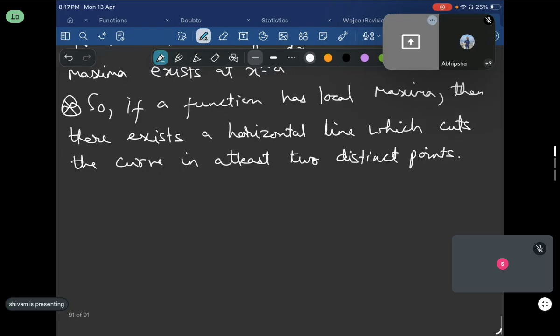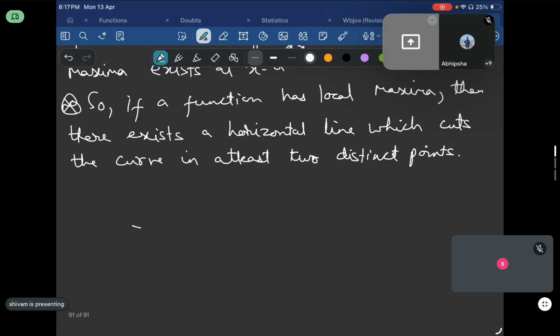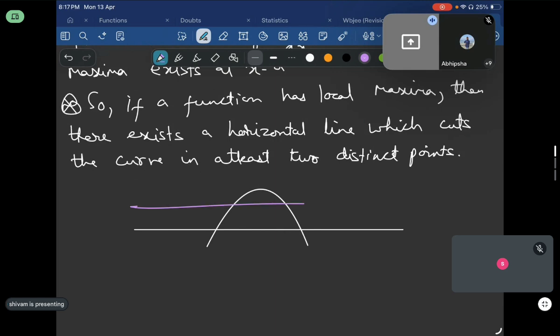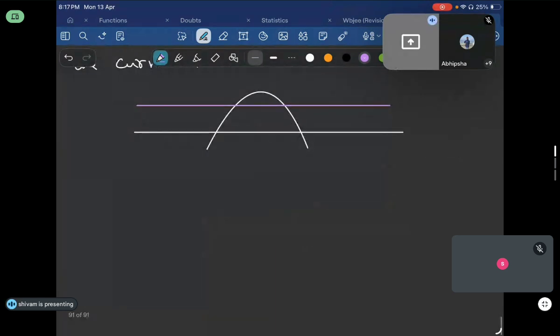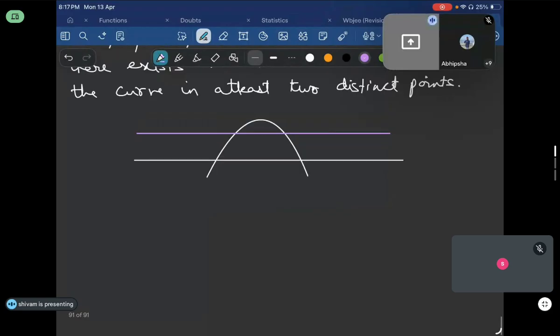Okay, you can see, this is how the curve will look like. And you'll find a straight line parallel to x-axis, cutting the curve in at least two distinct points. Thus, the function becomes many one.